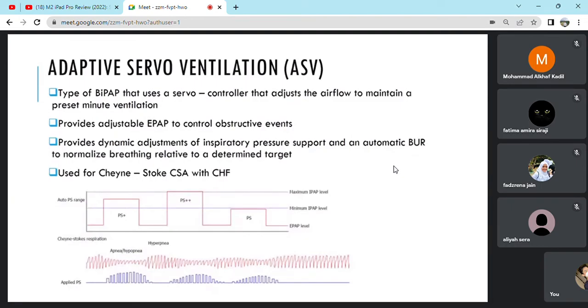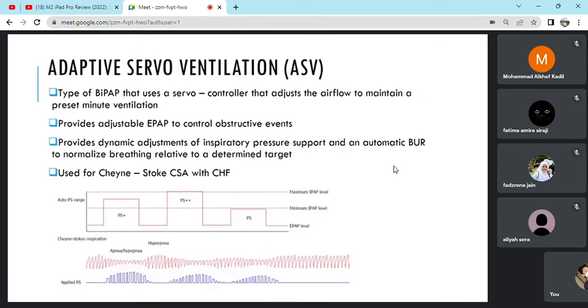Your adaptive servo ventilation, or your ASV as we call it, is actually a type of BiPAP that uses a servo controller that will automatically adjust the airflow to maintain a preset ventilation. It also provides an adjustable EPAP to control your obstructive events. Your adaptive servo ventilation is very useful in patients suffering from CSA with Cheyne-Stokes breathing pattern, especially if it's already complicated with congestive heart failure.